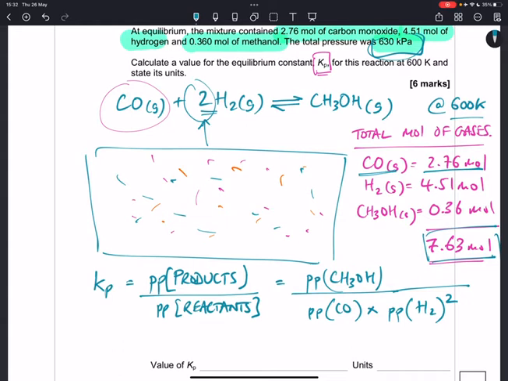So what actually is it? Well, the partial pressure due to the carbon monoxide is 2.76 out of the total of 7.63 times the 630 kilopascals. We do the same thing for the hydrogen and the same thing for the methanol. So let's do all of these.